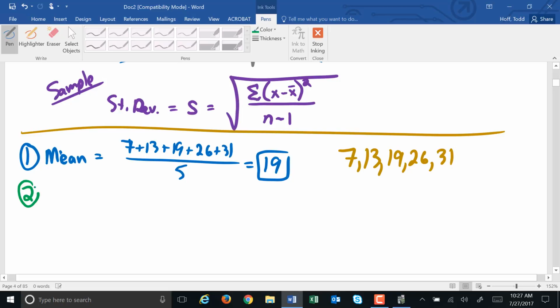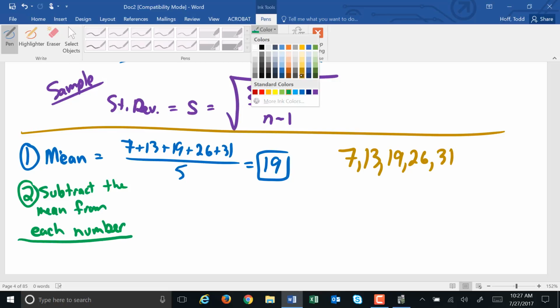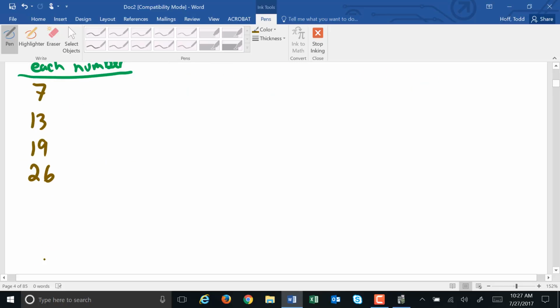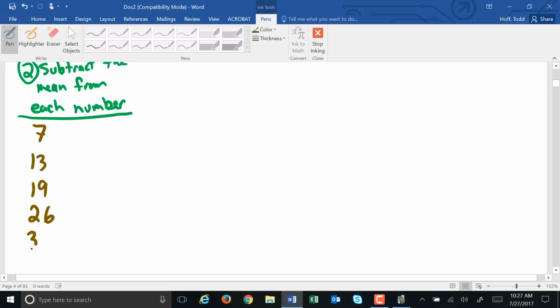Step 2 is to subtract the mean from each number. So I'm going to write up my numbers 7, 13, 19, 25, and 31.